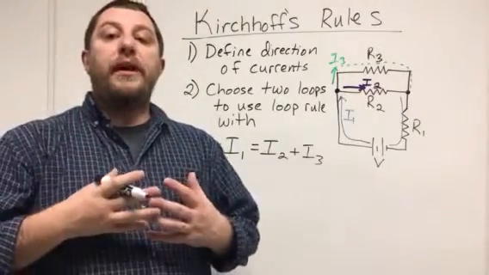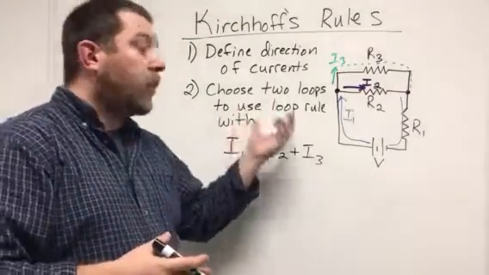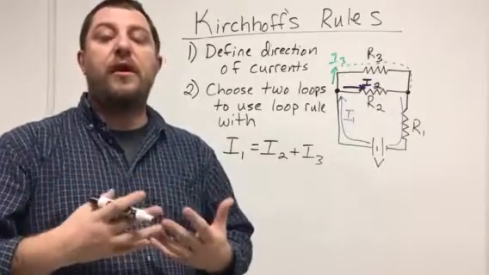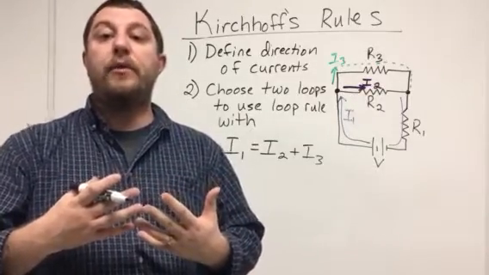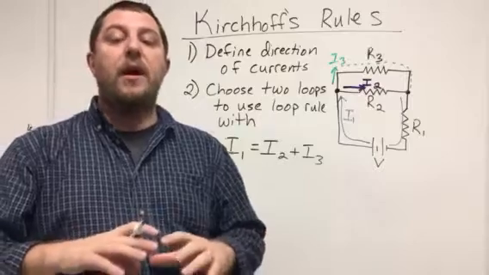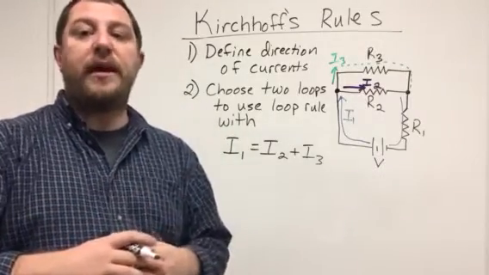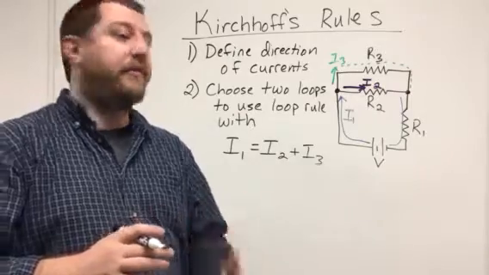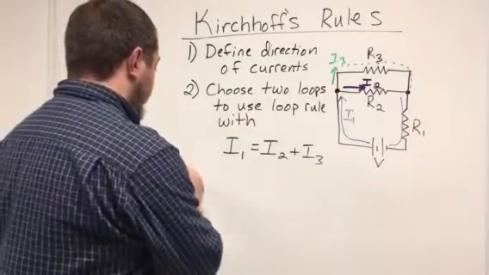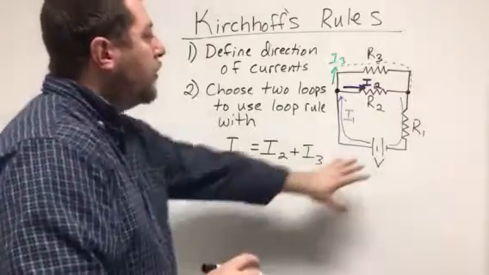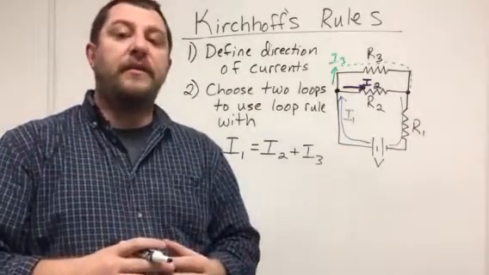Now, the loop rule says that the total voltage across a loop must add up to 0. So there are some conventions that we use, okay, when we apply the loop rule. The first convention is you start at a particular element, all right?